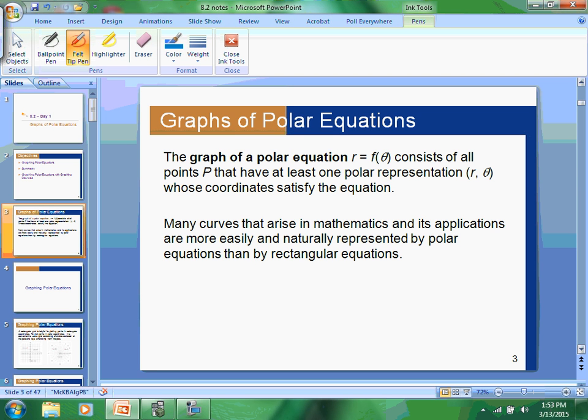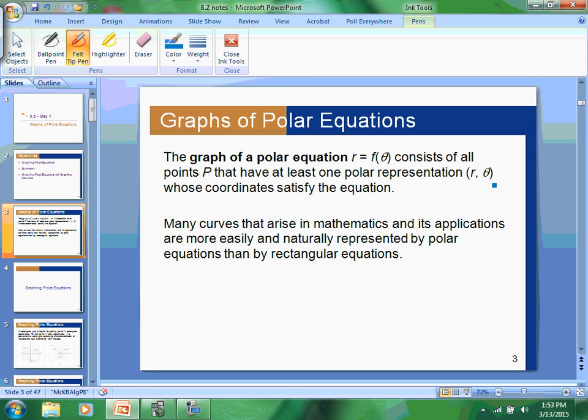Now, when we're graphing a polar equation, remember that the graph has all the points that satisfy that equation. So instead of x and y, we need r and theta as our ordered pairs.